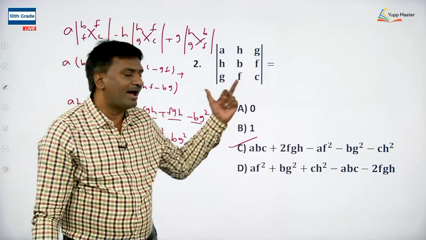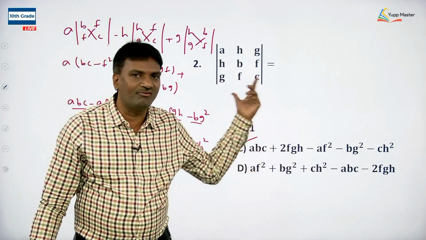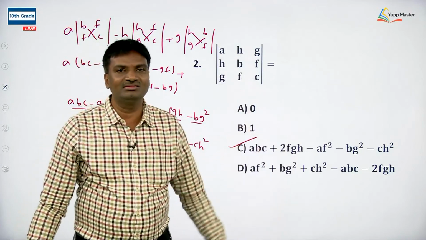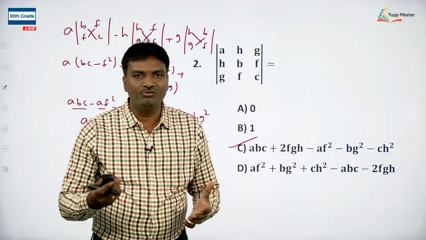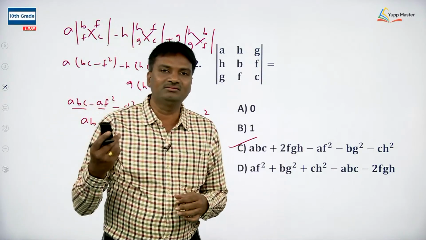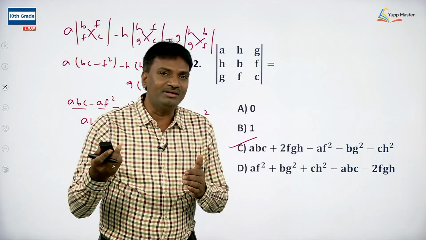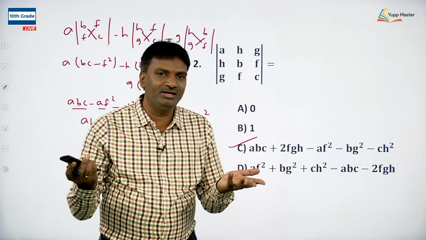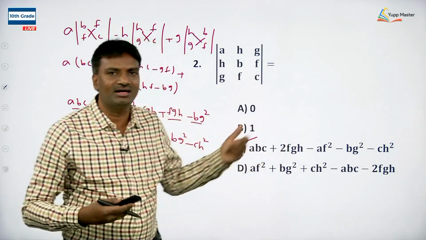Here the given matrix is a 3 cross 3 matrix. We have to find the determinant of this 3 cross 3 square matrix. Simply take the elements of the first row, multiply them with their corresponding cofactors and add them. You will get the determinant.